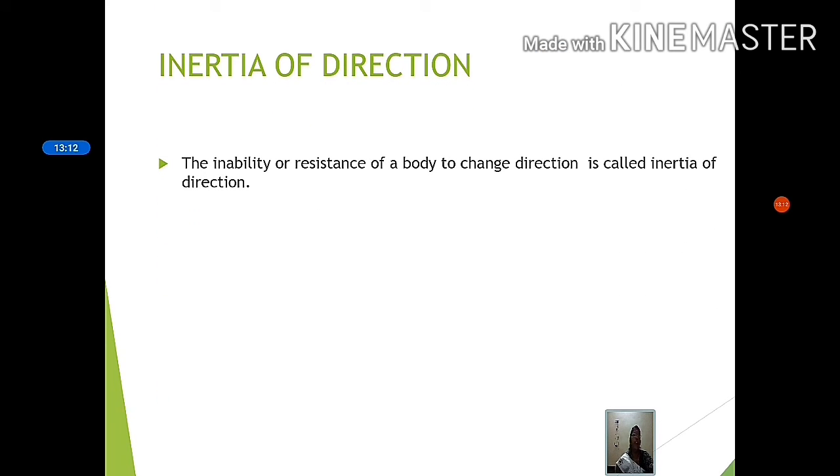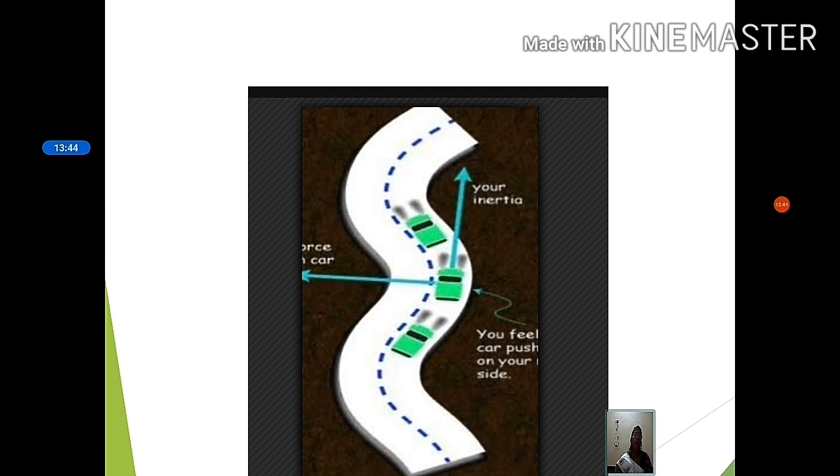Now, inertia of direction. The inability or resistance of a body to change its direction by itself is called inertia of direction. Look at the picture. The vehicle is moving. When the vehicle is about to turn, if the vehicle is turning towards the right, the person sitting in the vehicle will be moving towards the left, and if the vehicle is turning towards the left, the persons will be moving towards the right, is it not?